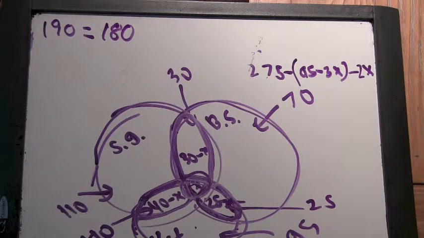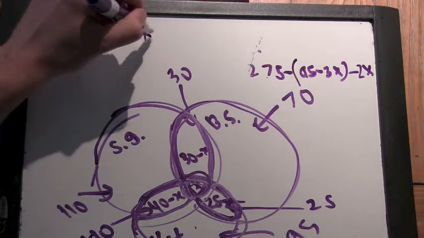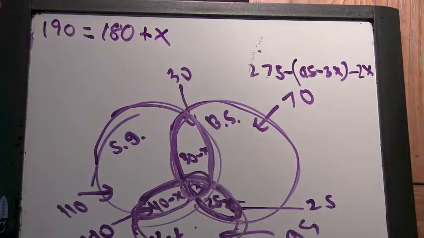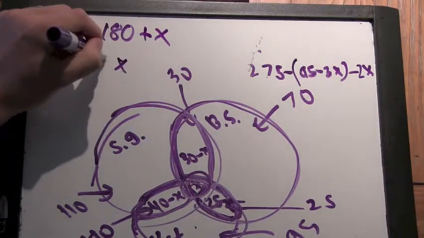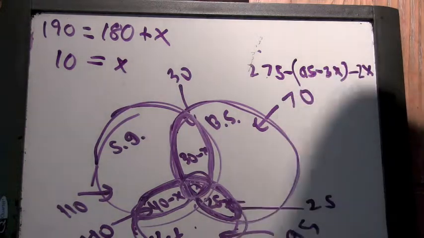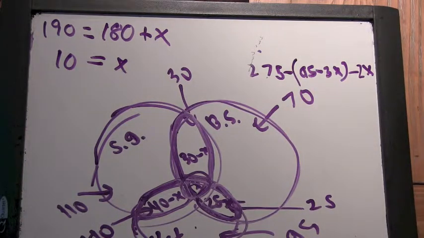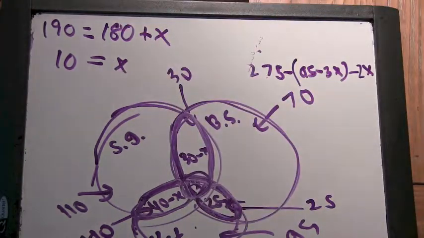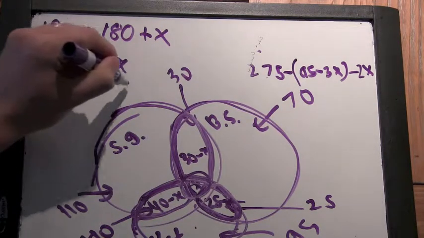So that's plus x. That means x is 10. So that means we have 10 people in the middle. And the question was, how many people are wearing all three? And x is in the middle, so that means it's 10.